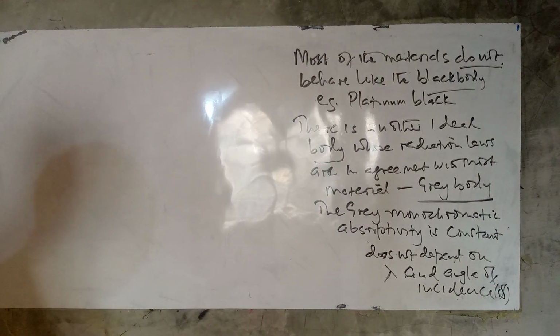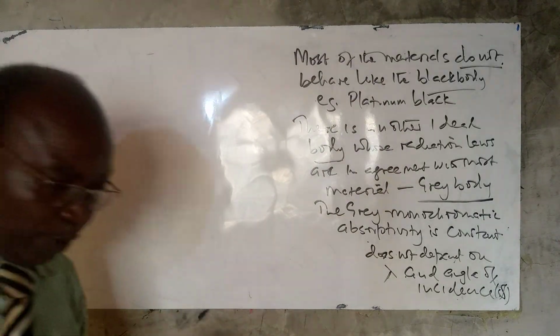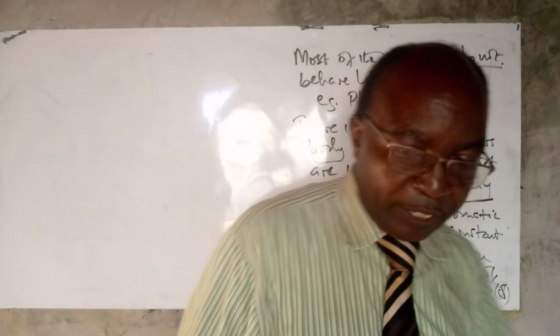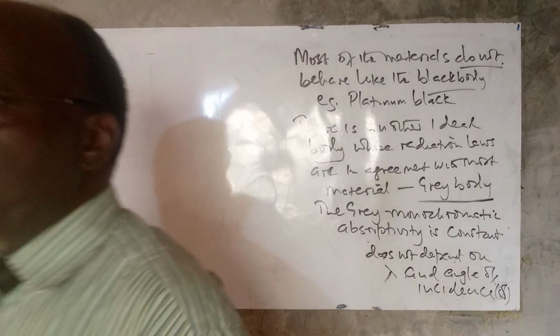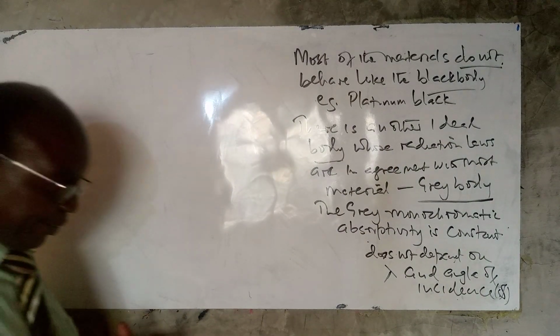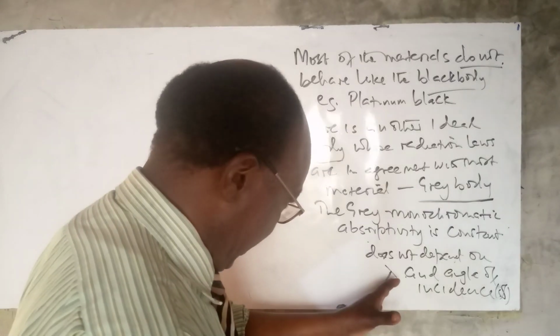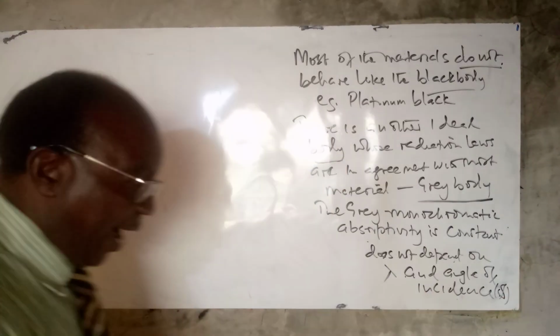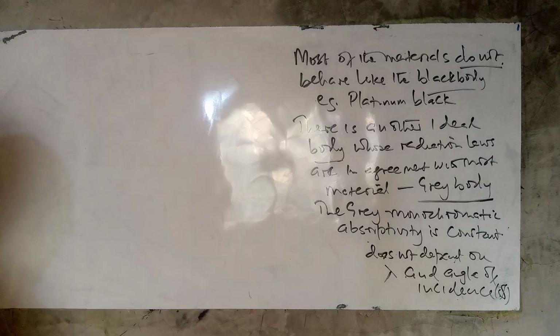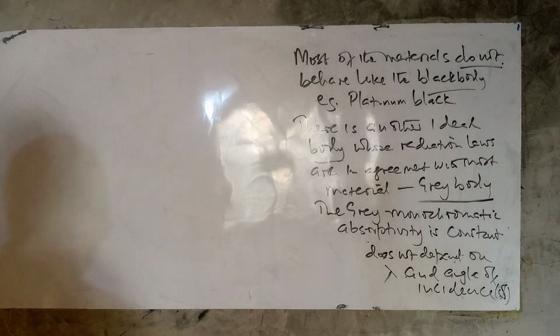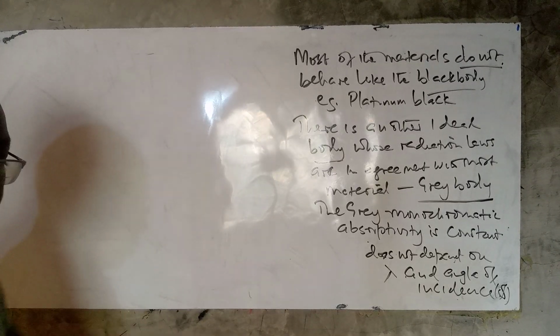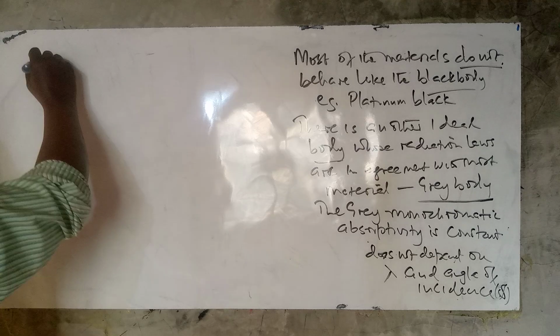Now, those bodies whose monochromatic absorptivity depends on lambda and phi, that is the wave band and the angle of incidence, those bodies are called selective emitters.